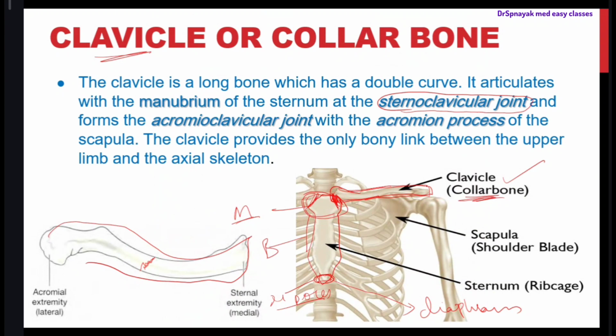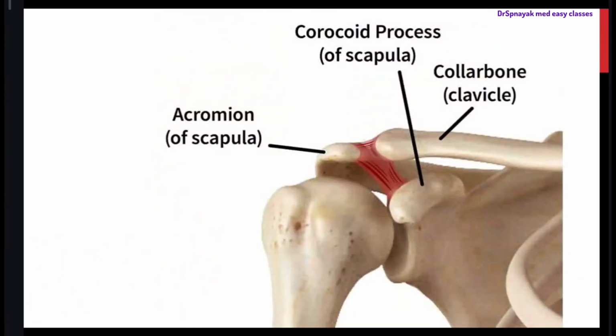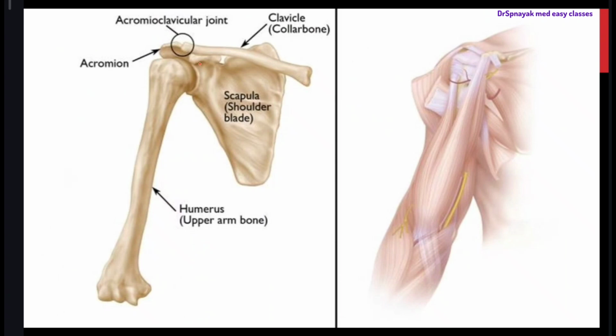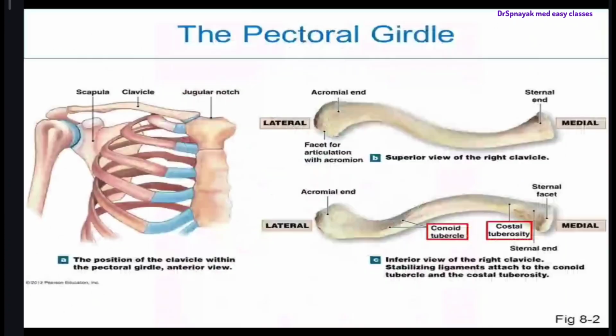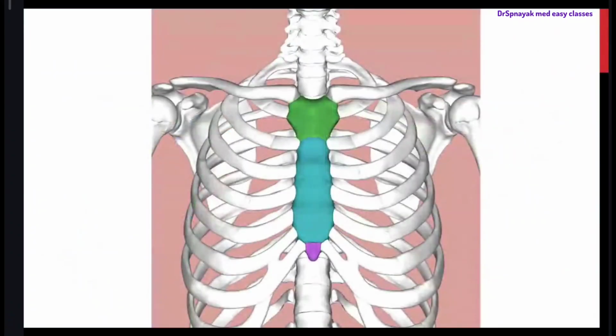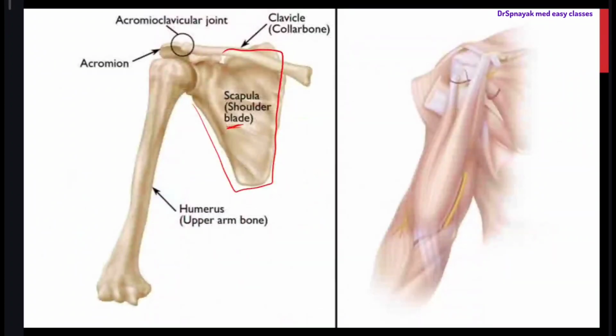And another joint it is forming with scapula. See, there is another bone which is called scapula. This bone is called scapula or shoulder blade. This scapula has two main regions that I'll try to show you. In the scapula we have the acromion, or acromial process.